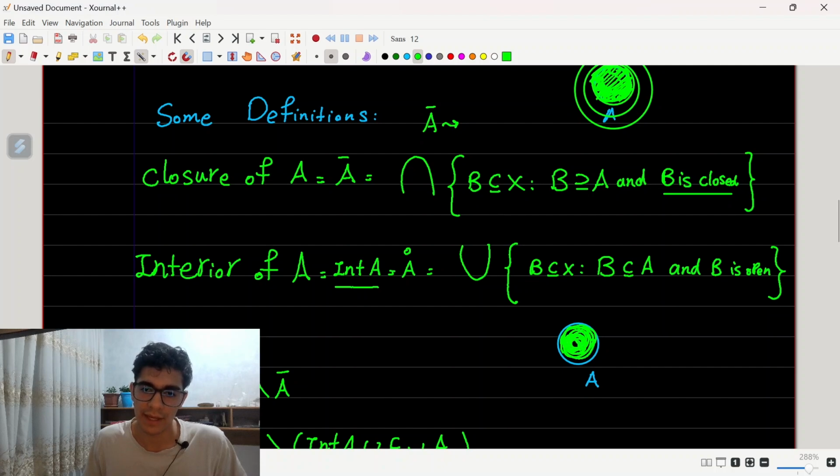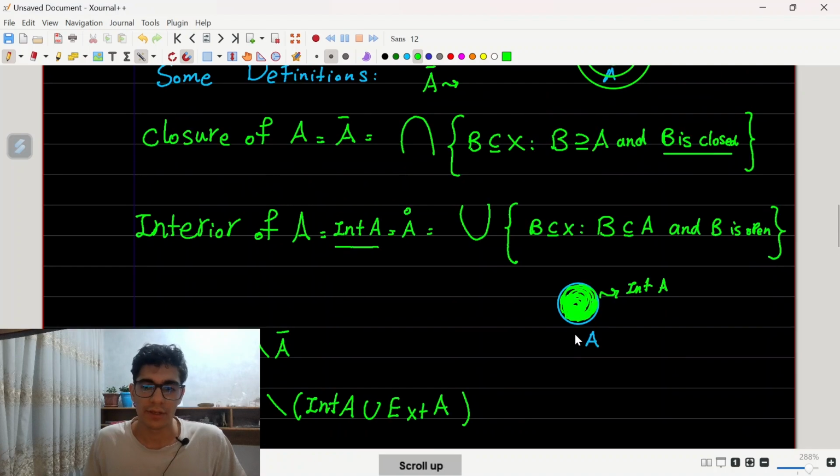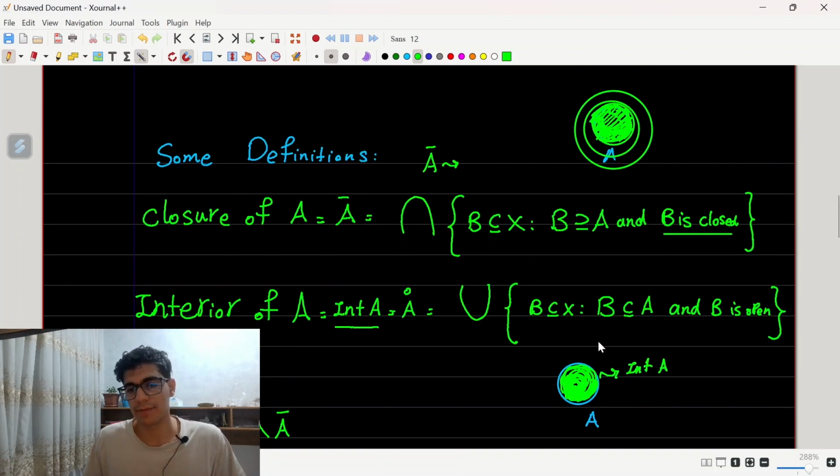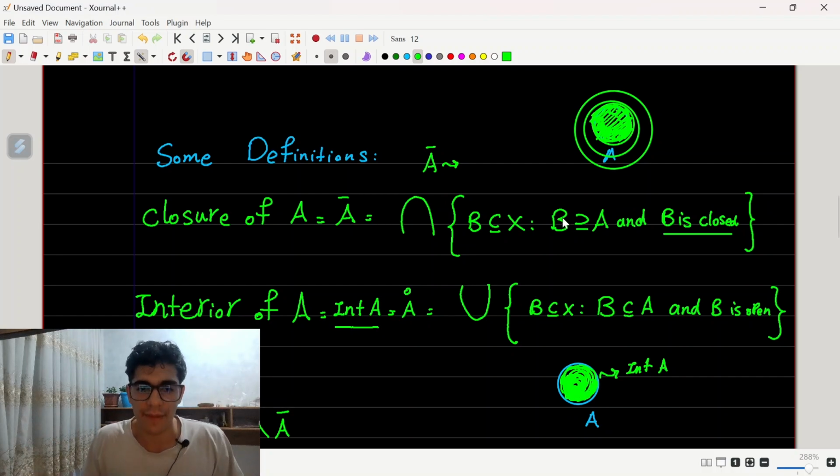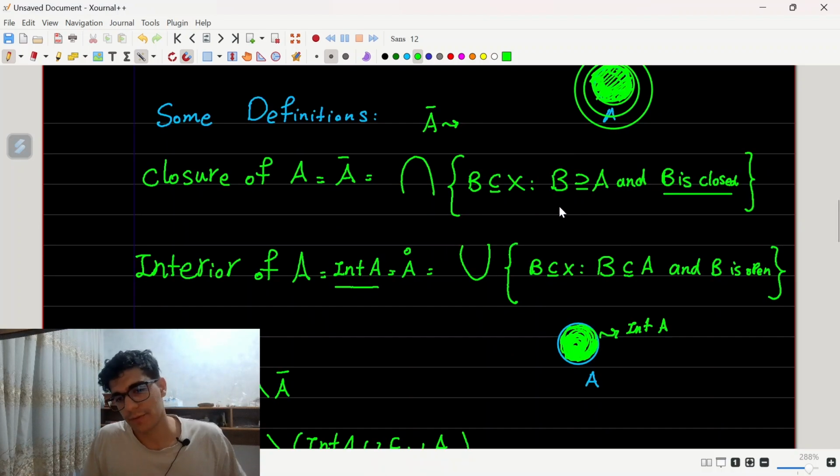As you can see, I'm trying to not cover the boundary, and that is what int A is. These are just some visualizations. In some other space this may even be false, but we usually work with Euclidean space, and this is true in Euclidean space.